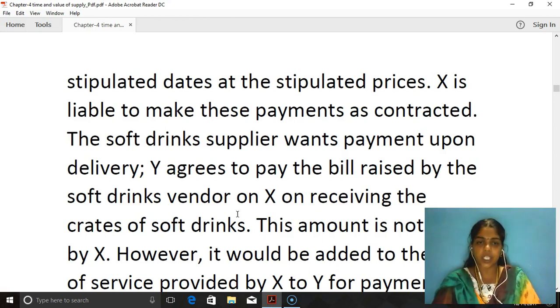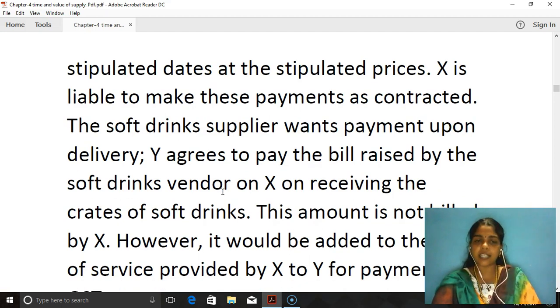Y has pitched in and agreed to pay the bill. Who is raising the bill? The soft drink vendor. On whom? On X only, because this is between the soft drink vendor and X only. So the bill is raised by the soft drink vendor on X, but the payment will be made by Y. So that particular transaction is settled.